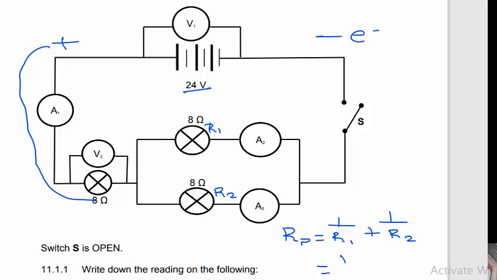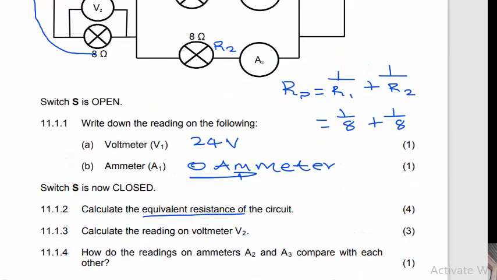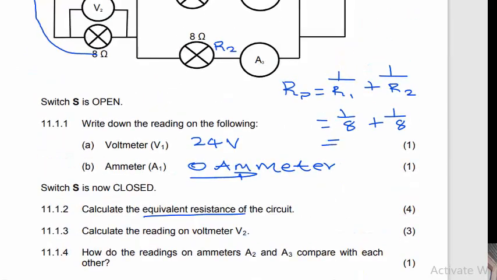So now that we know that this is 1 over 8 plus 1 over 8. From this point it becomes easy, because clearly this makes up 2 over 8, and you still have 1 over RP this side.